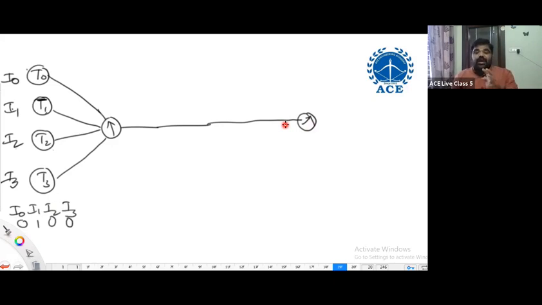So we need to convey that T1 is enabled and going to transmit the data. For that, the available information with us is I0, I1, I2, I3. These signals tell us which one is enabled. I can transmit these 4 bits as they are to convey T1 is enabled.